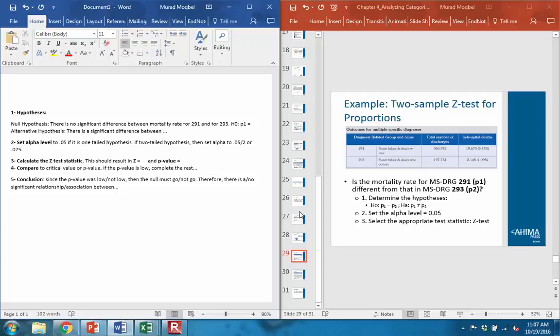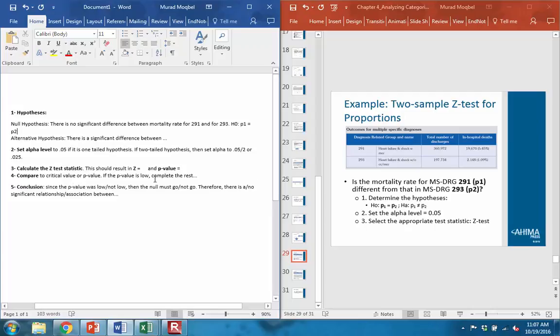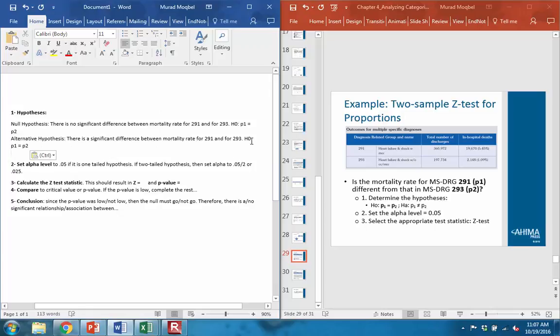So equals proportion 2. On the other hand, the alternative hypothesis says there is a significant difference between mortality rate for, so I'll just do the same here, and then I will adjust the alternative hypothesis to say here they are not equal.